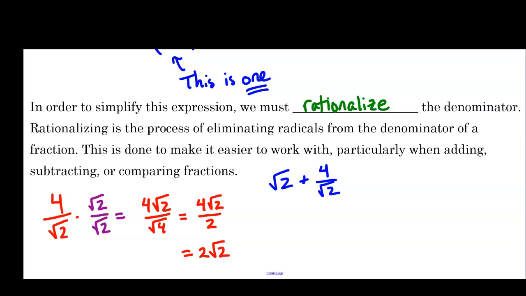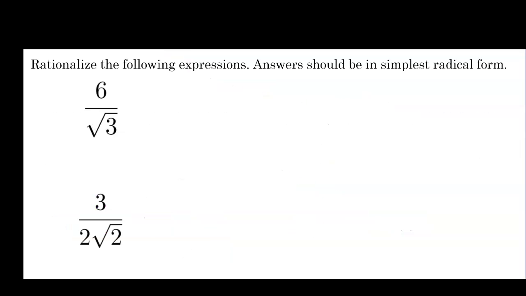So then this original addition problem really is square root of 2 plus 2 square root of 2, which is 3 square root of 2. And we see that they were actually like terms, but we would not have known that if we were not able to rationalize the denominator. Right, so just giving some motivation other than this random process that you're being taught.